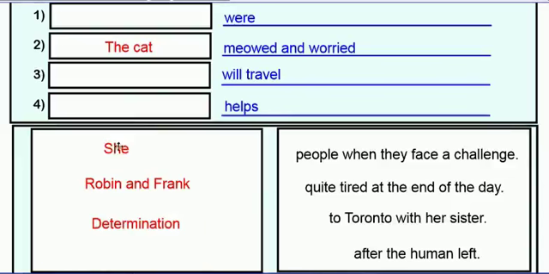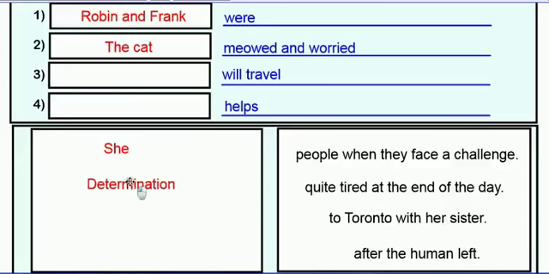And out of these choices, we have she, we have Robin and Frank, and then we have determination. Well, the only thing that's plural here, the only time that we have more than one, is Robin and Frank. And it's good to know that you can have more than one subject at the beginning of a sentence, right? So more than one person were something. Right? Then we've got she and determination.